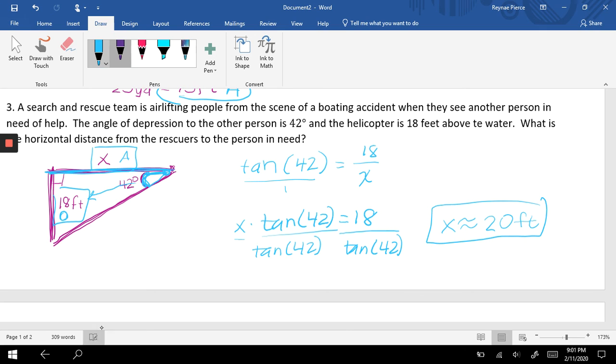That's the horizontal distance. Okay, now keep in mind that we can create a rectangle, and this here is going to be the same as this here. So we could look at that triangle there. Either way, though, we're going to get that search and rescue team's about 20 feet away.